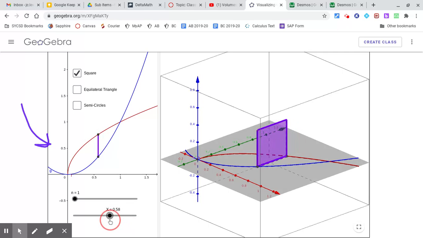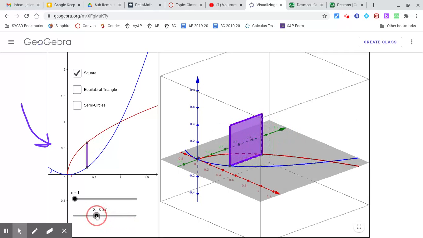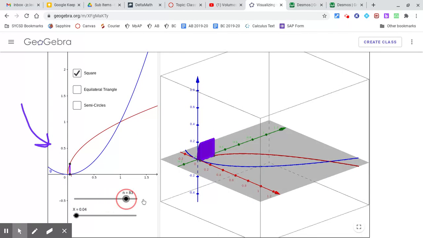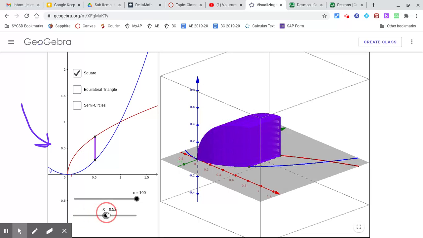But it's not just one square that we're getting here. We're getting this whole three-dimensional solid. It starts down here, and if I raise this up all the way, I'm making 100 cross sections. This is the shape that's formed in this three-dimensional space, right?